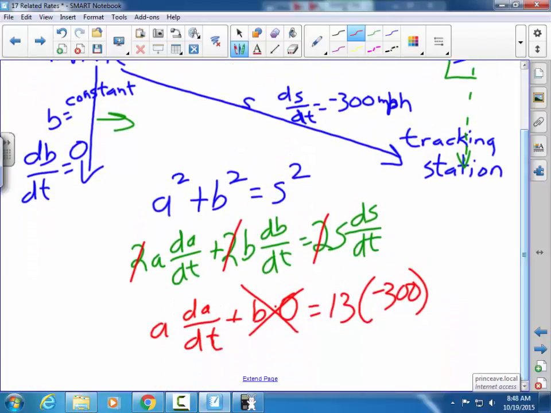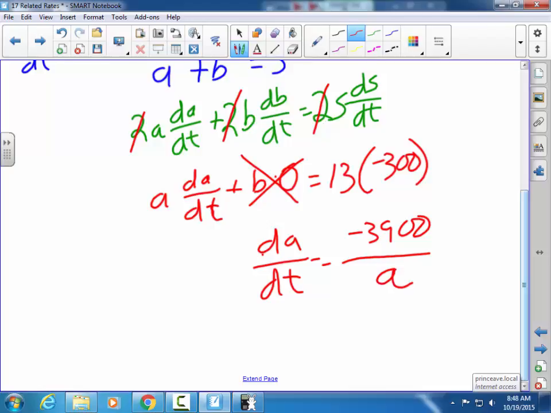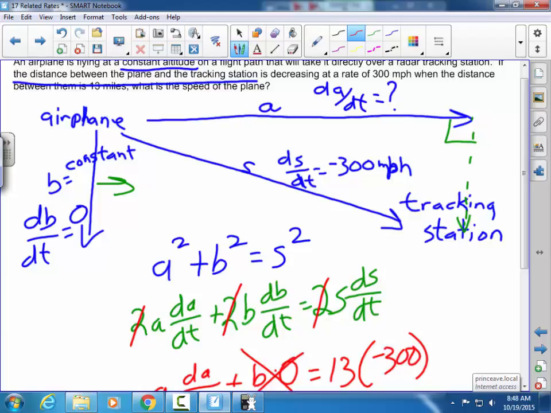So does anybody see a problem with what we've done so far? The only problem I see is we've got negative 3,900 over A, and we don't know what A is. Any ideas on how to find A?